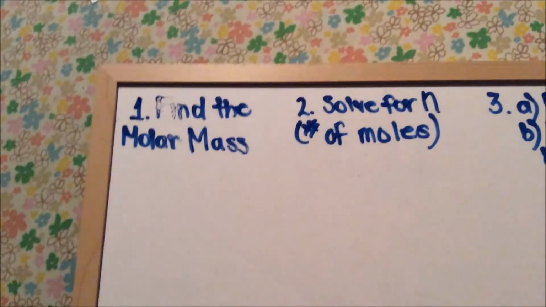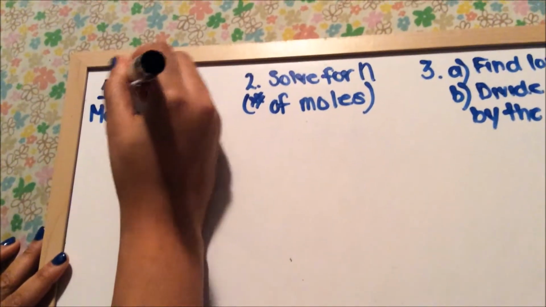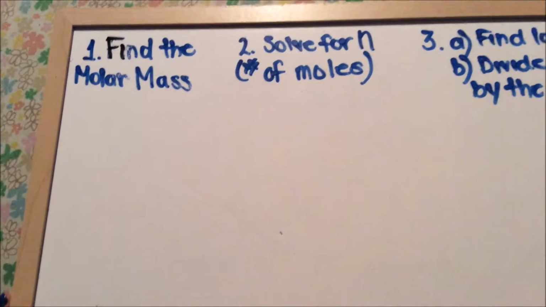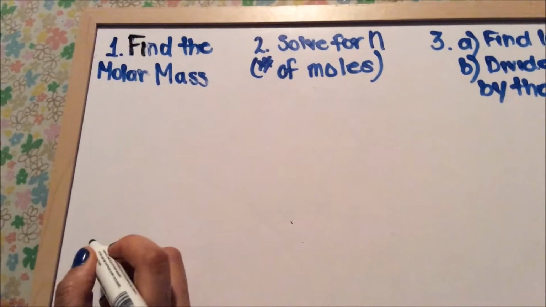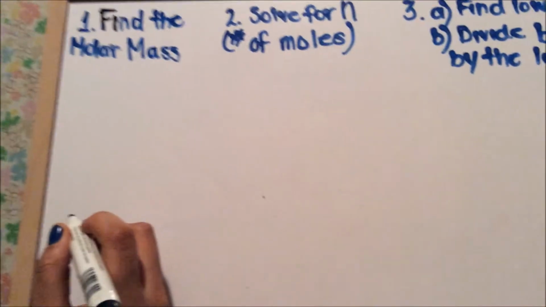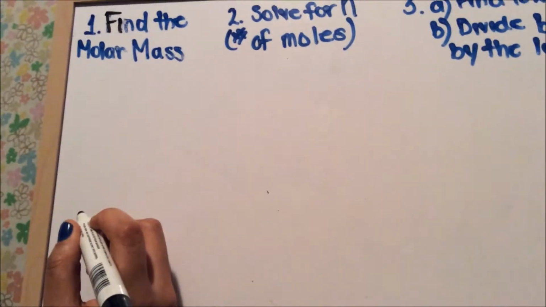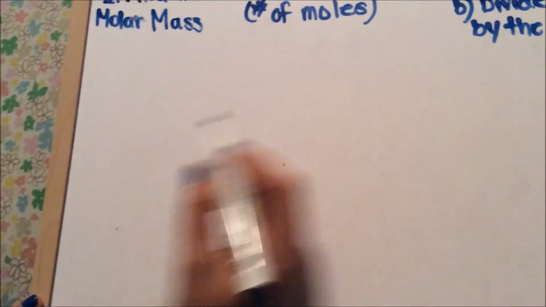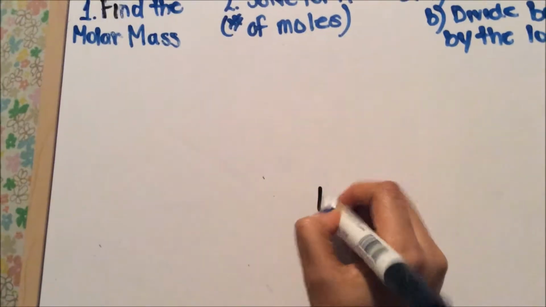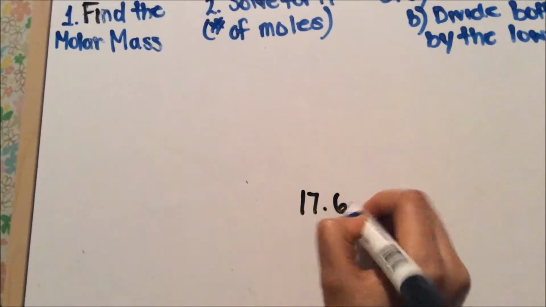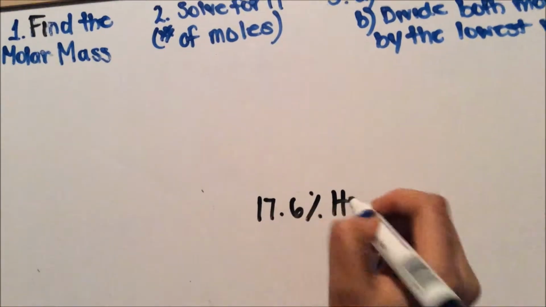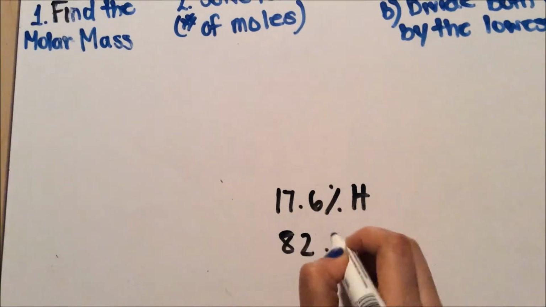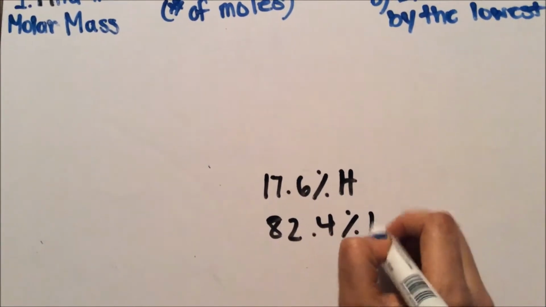So first, you need to find the molar mass of each element. So we have 17.6% hydrogen and 82.4% nitrogen.